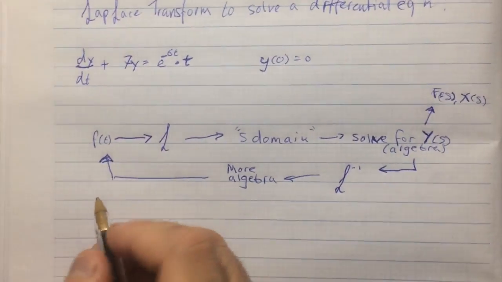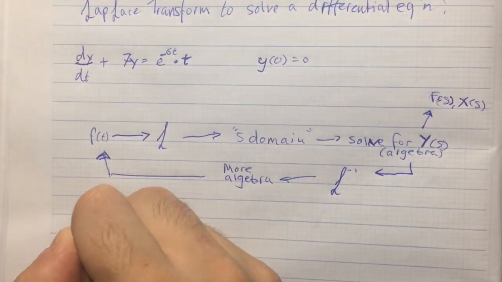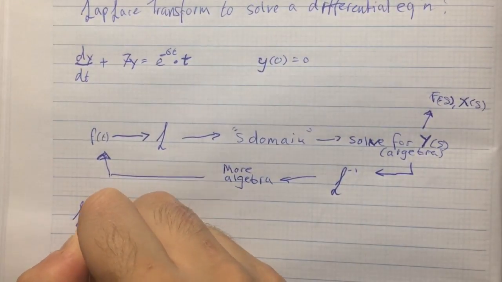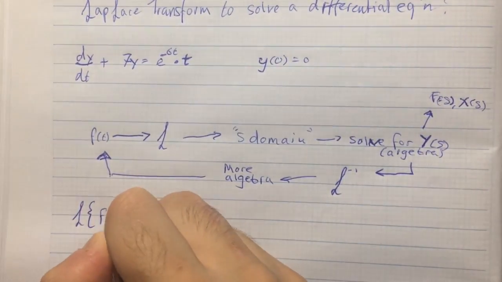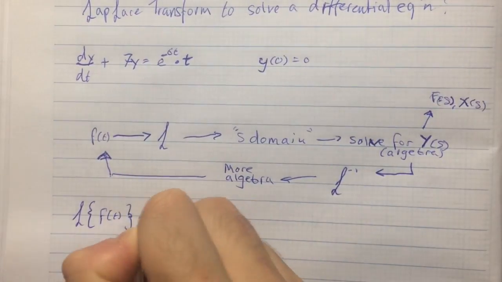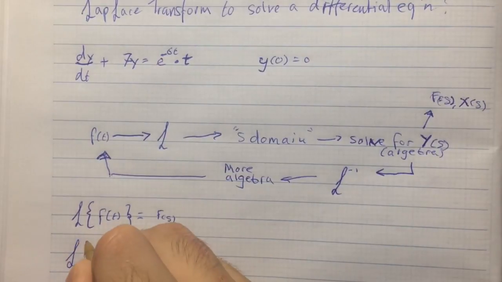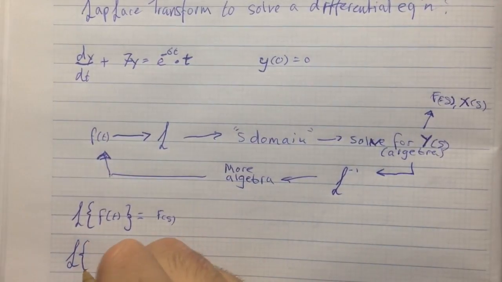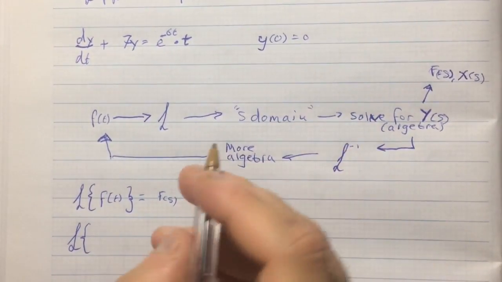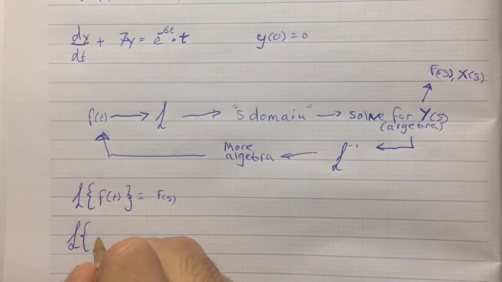So let's get started. Before I get started, I'll just explain that we already know that the Laplace transform of f of t is equal to F(s), right? So the problem with taking the Laplace transform with a differential equation is, how do you take the Laplace transform of a derivative?